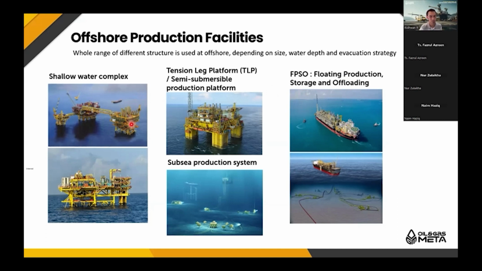If you guys can see, it consists of different independent platforms, and usually there will be a processing platform in the middle, where it will take feed from other facilities like wellhead platforms and other structures.